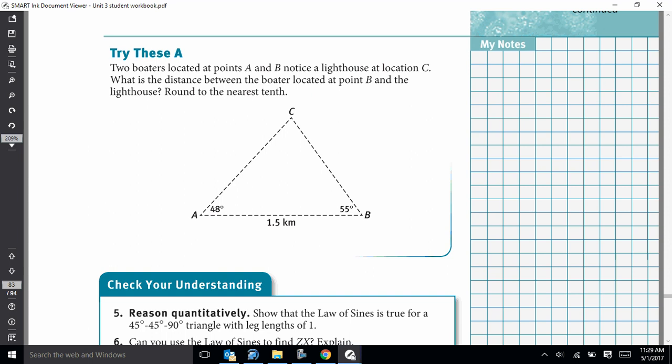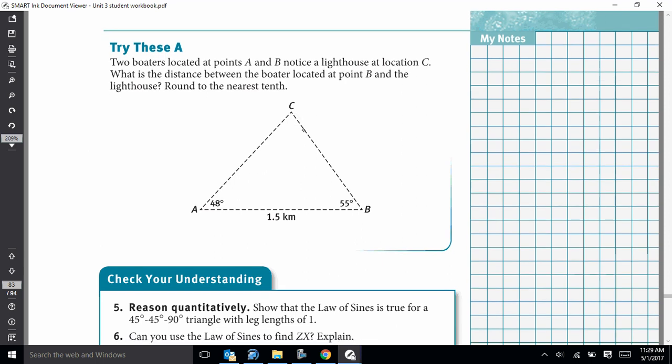All right, so let's figure out what angle C is first. I have one vote for 77. Let's make sure I got 2 votes. So we did our math. Just to refresh our memory later, because I know all of you are going to be fast forwarding to watch this example at some point: to find angle C, we took 180, which is the magic number for all triangles, right?